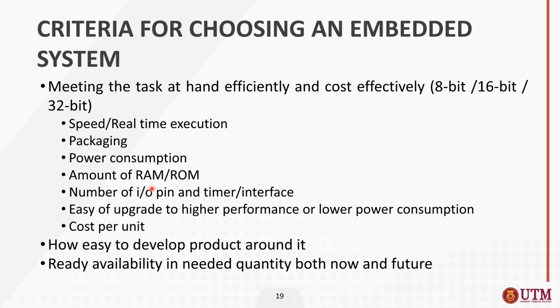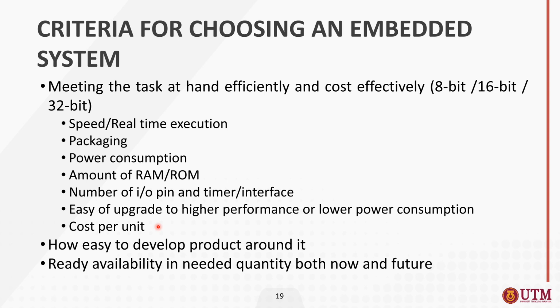So you must be clear on the I/O of your system before you buy your microcontroller or embedded system. Then, ease of upgrade to higher performance or lower power consumption, and the cost per unit. If cost is your concern, you need to choose a cheaper one or a more expensive one.